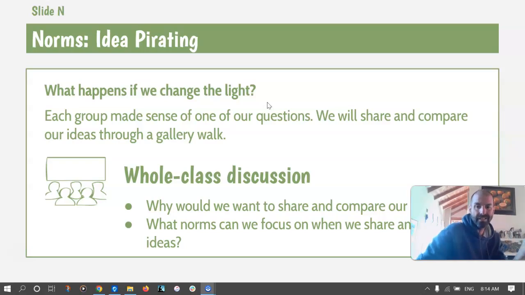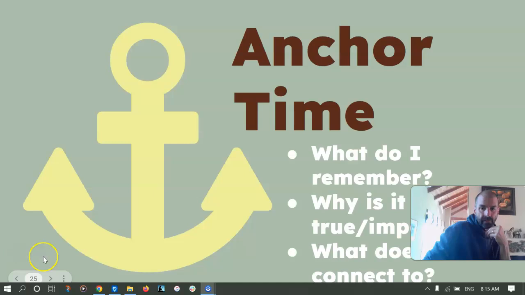And so when someone says an idea, that idea is for everyone to think about and to take if they want and to build on it. So we're always taking and building and changing. We want ideas to come together and combine and grow into something different. And so idea pirating is not a problem in science class. We're trying to help each other out.